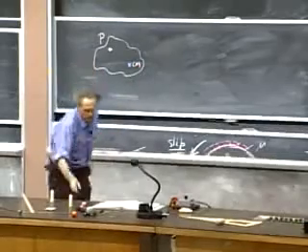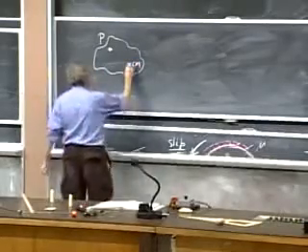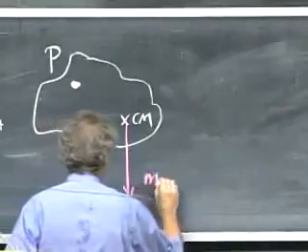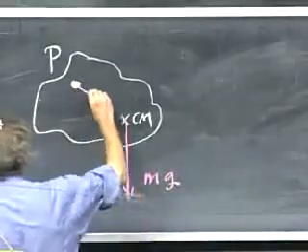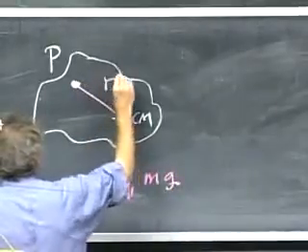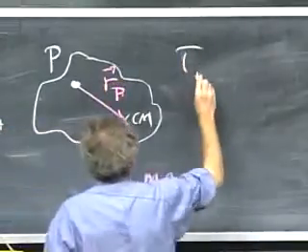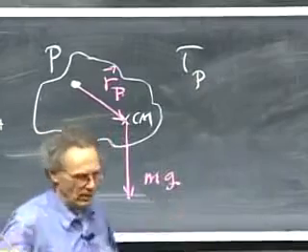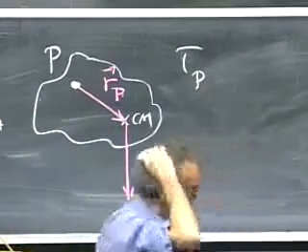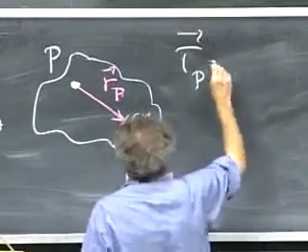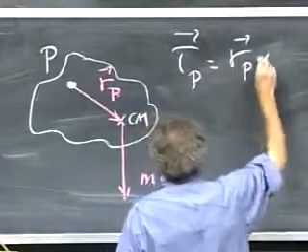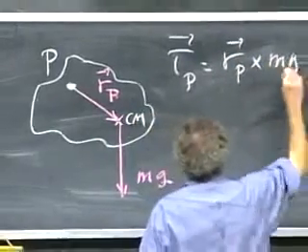and so there is a force. If this object has a mass little m, there is a force mg, and here is the position vector r of P, and so it's clear that there is a torque relative to point P. It would be Rp cross mg.